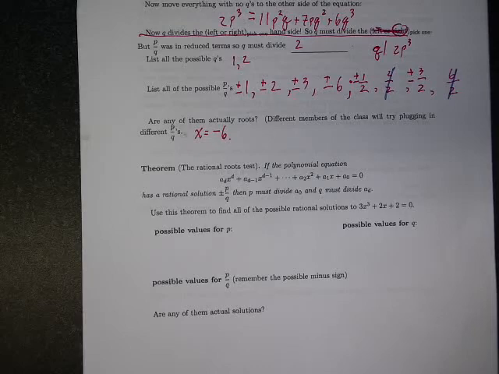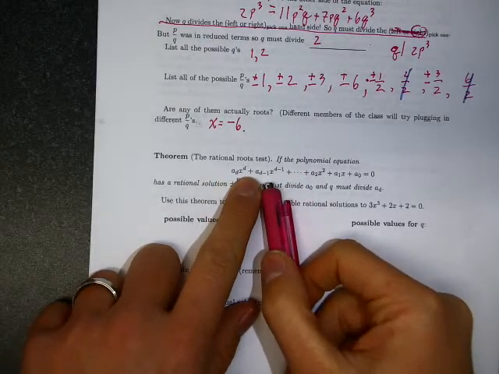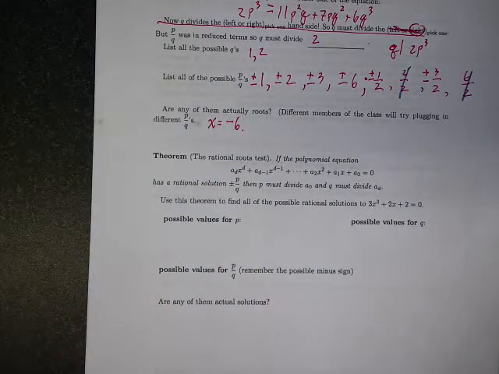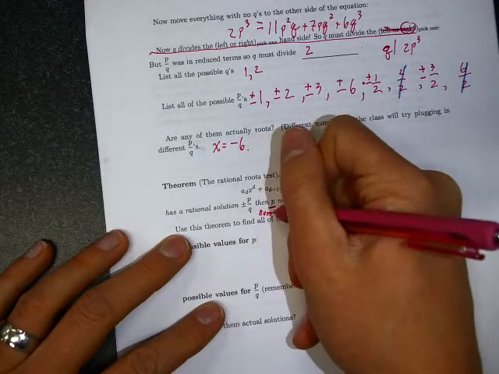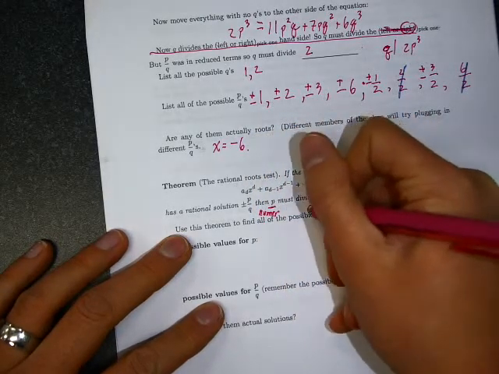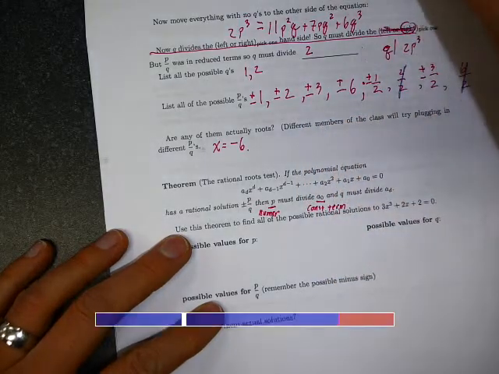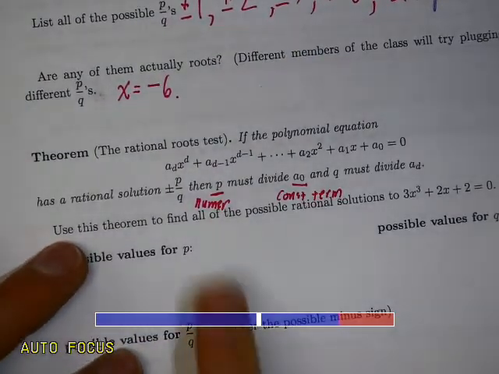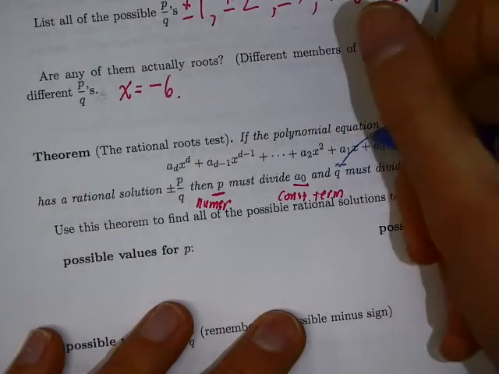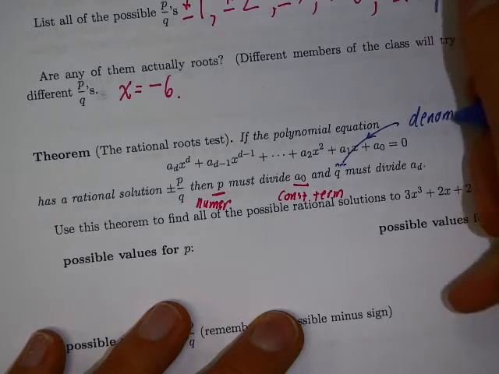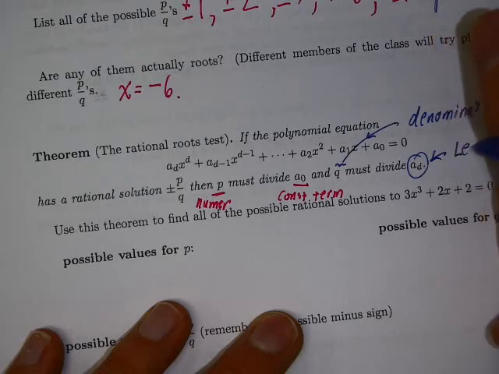And if you do that, you'll eventually find, if you have a polynomial equation, a_d x to the d, a_{d-1} x to the d minus 1, and so on, all the way down to a_0, then p, which is the numerator, must divide a_0, which is the constant term, so the numerator p has to divide the constant term, and q, the denominator, must divide a_d, which is the leading coefficient.